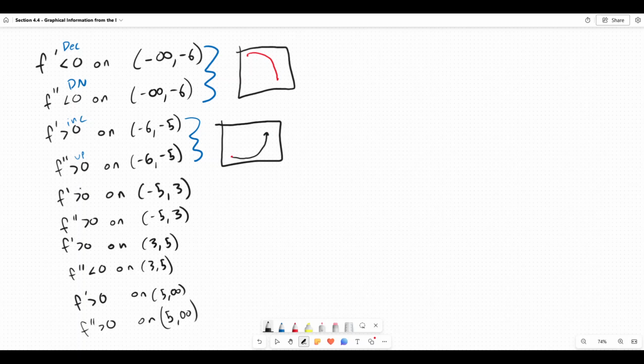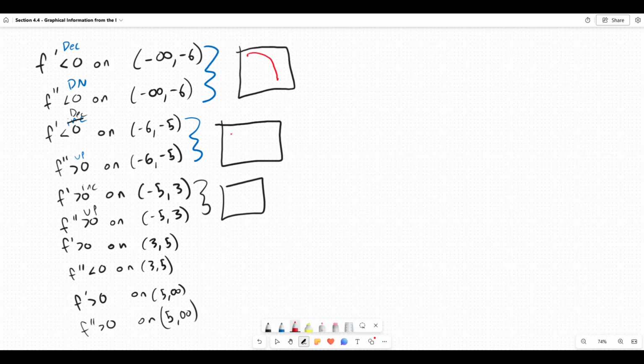On this point, we are increasing concave up again. Wonder why that... Oh, I apologize. I actually misread this. This one should be decreasing concave up. So if we're decreasing concave up, I just didn't read the right one.